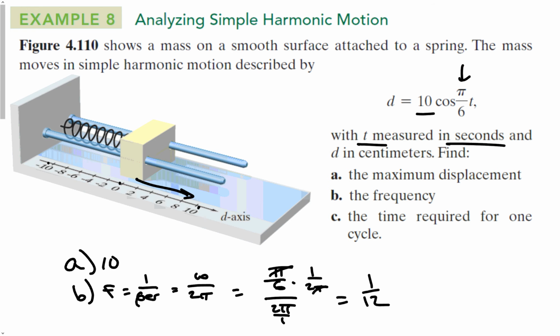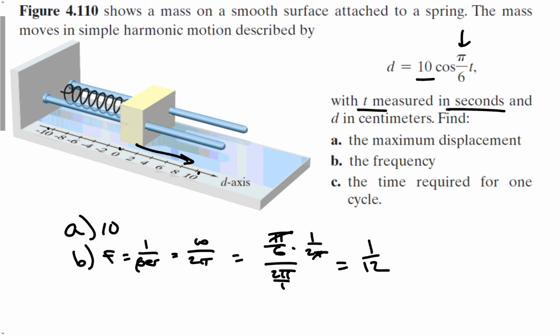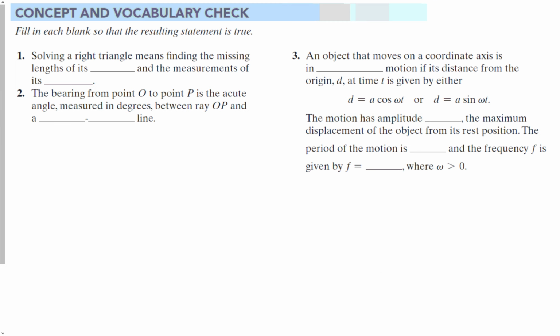Okay, so the period, you can do the whole calculation again if you want, but it's just the reciprocal of frequency. So let's see, 12 seconds. Okay, so the time required for one complete cycle would be 12 seconds. All right, and that was 4.8, applications of trigonometric functions.